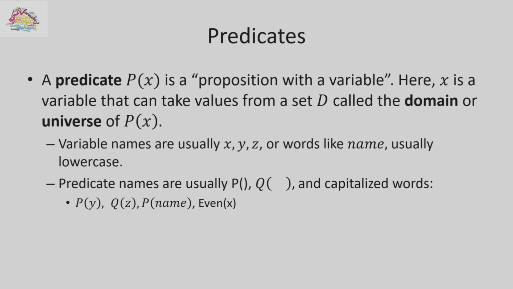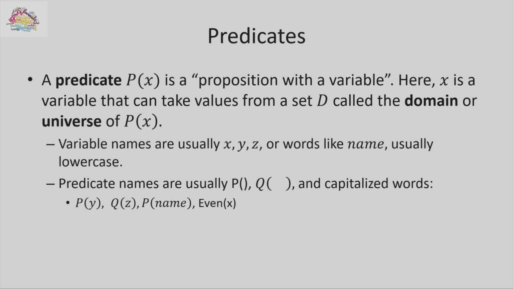For predicates, I'm just capitalizing the first letter. So for example, if we are writing x, that probably stands for some element of some set. And if we are writing P of x, P probably stands for the name of a predicate. For example, P of y, or P of name, or even of x.